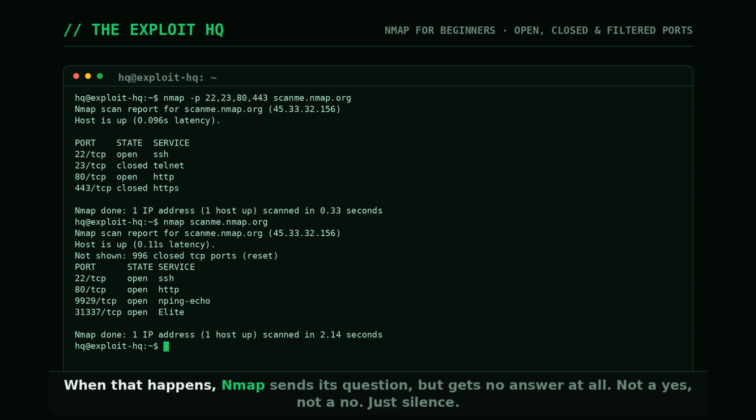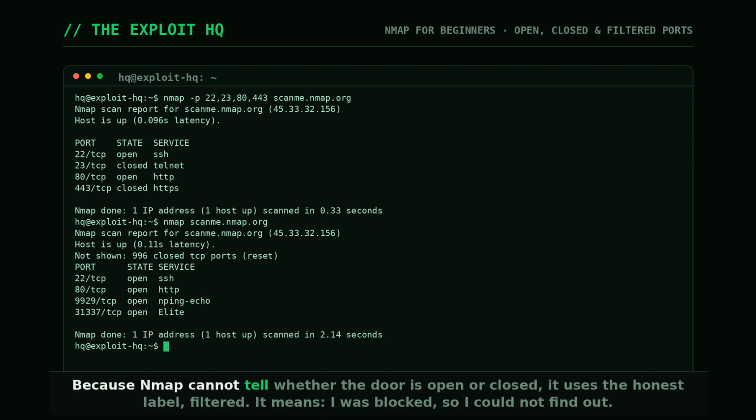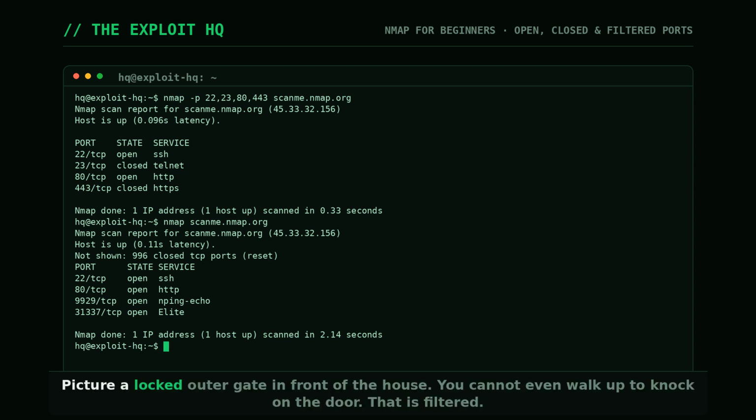When that happens, Nmap sends its question but gets no answer at all. Not a yes, not a no, just silence. Because Nmap cannot tell whether the door is open or closed, it uses the honest label filtered. It means, I was blocked so I could not find out. Picture a locked outer gate in front of the house. You cannot even walk up to knock on the door.